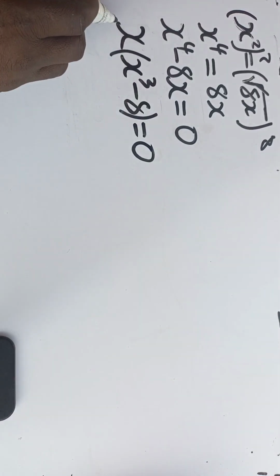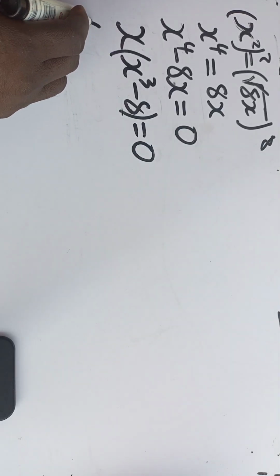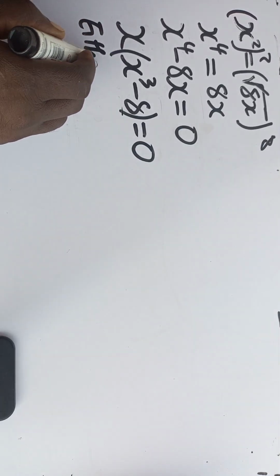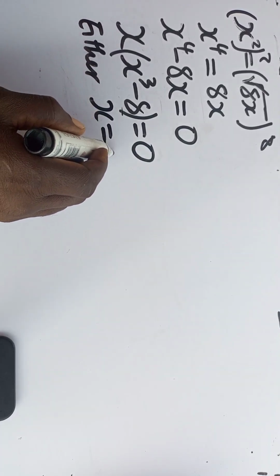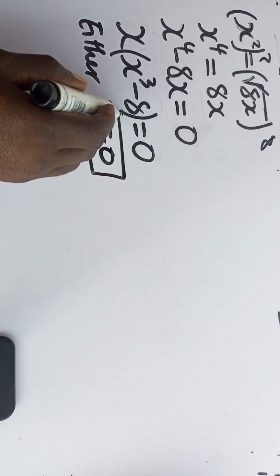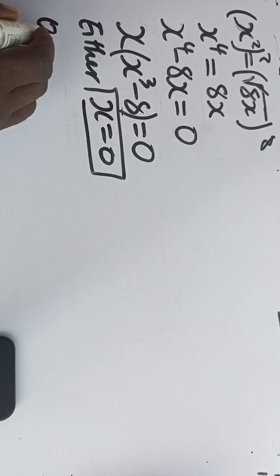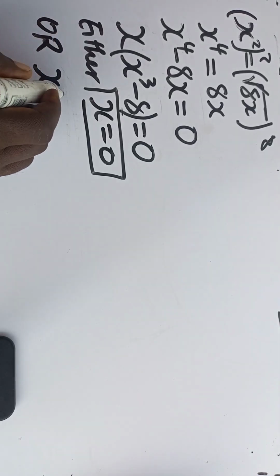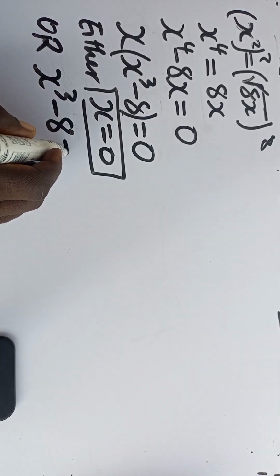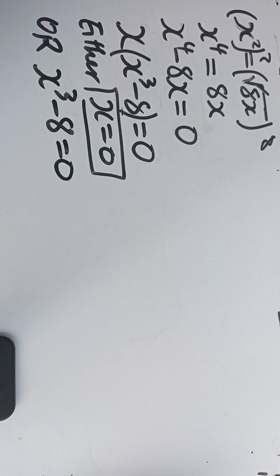We have the product of two expressions giving us 0. Either the first expression is 0, so this already gives us our first solution, or the second expression is 0.